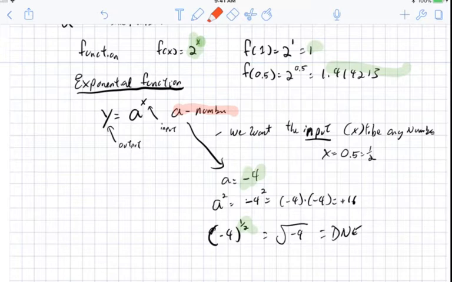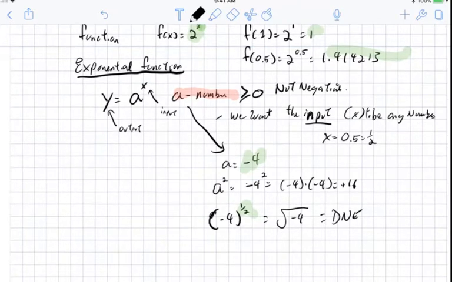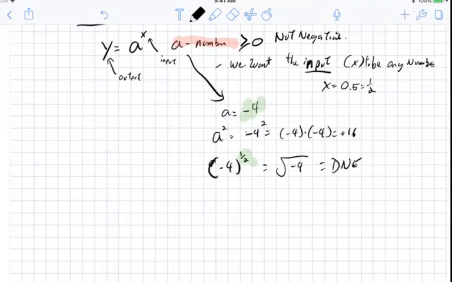A has to be a number that's bigger or equal to 0. It's not allowed to be negative. If it's negative, you're doomed. So like there are some exponential functions like y is equal to 0 to the power x.